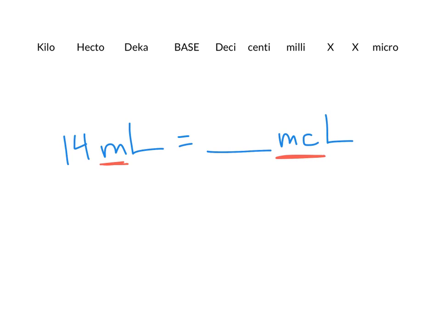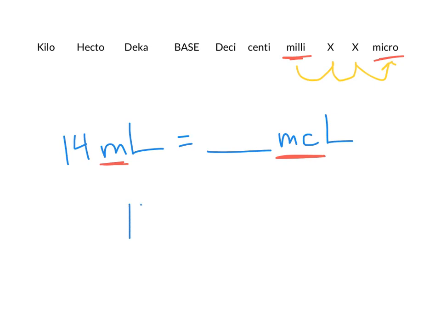On my map, here's milli and here's micro, so my starting point is milli and my end point is micro. We go to the right, but we count those x's. From milli to the first x is 1, the second x is 2, and lastly to micro is my third movement to the right. So I'm going to the right 3 places.